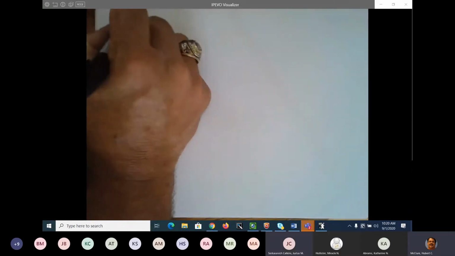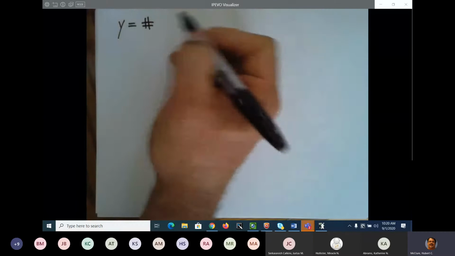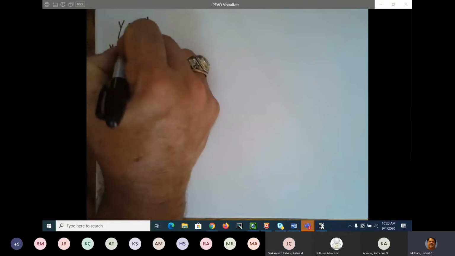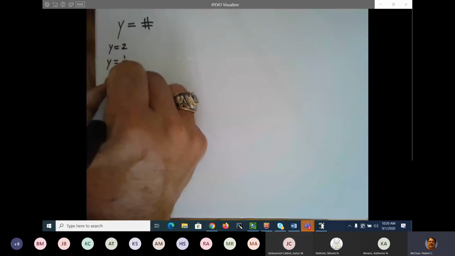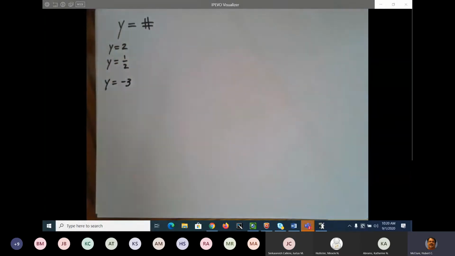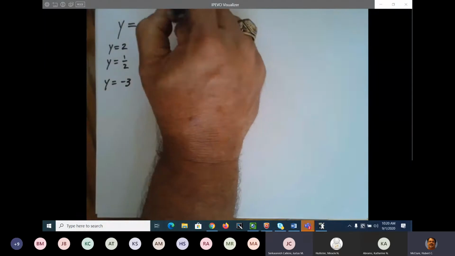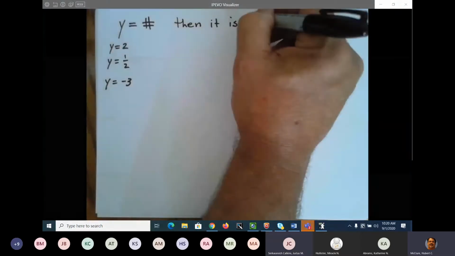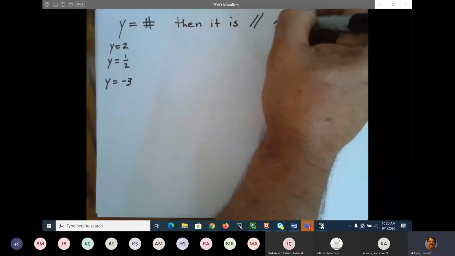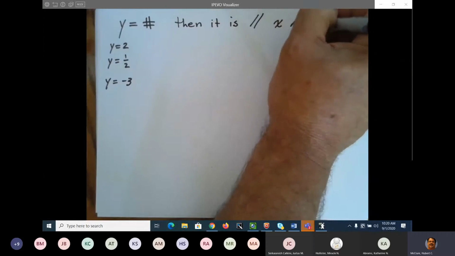Now some more rules. When y is equal to a number by itself, like y is equal to 2, y is equal to 1/2, y is equal to -3, then it is parallel to the x-axis.